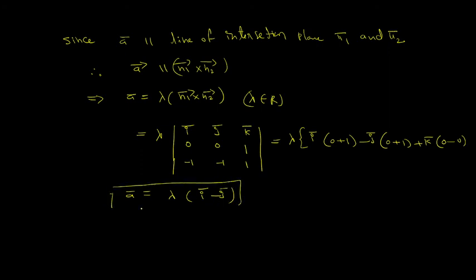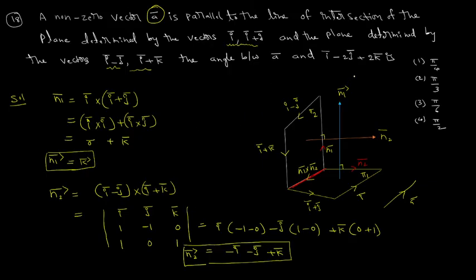Now we have to find the angle between a bar and the other vector, which is i bar minus 2j bar plus 2k bar. We got a bar now. Therefore, angle theta is the angle between these two vectors.